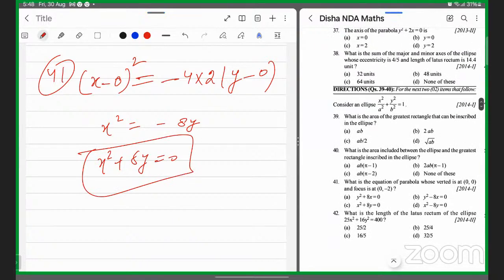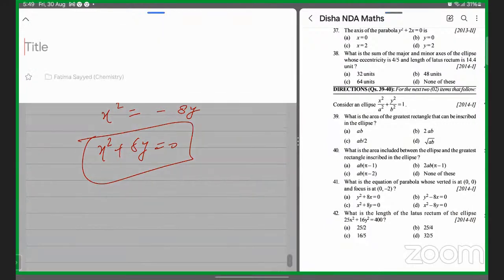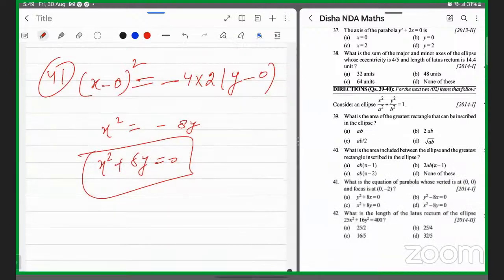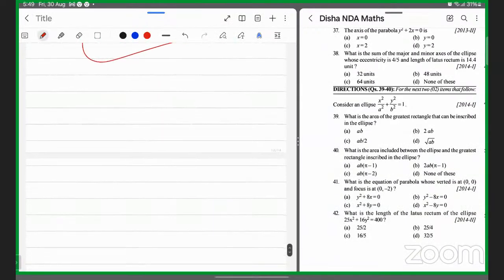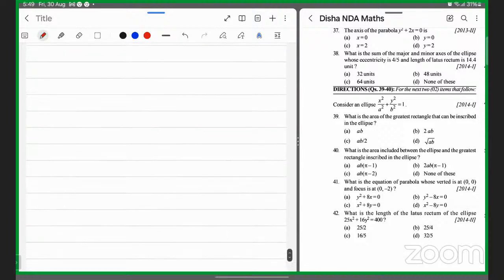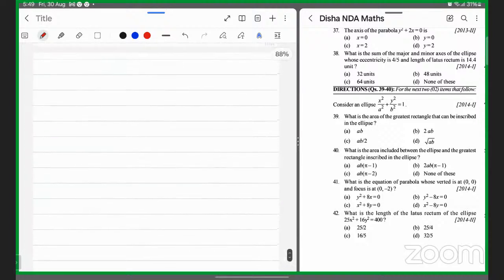Now solve 39 and 40. Hurry up. Do it, everyone. What is the area of the greatest rectangle that can be inscribed in the ellipse?